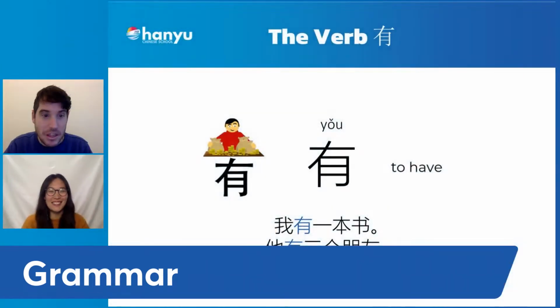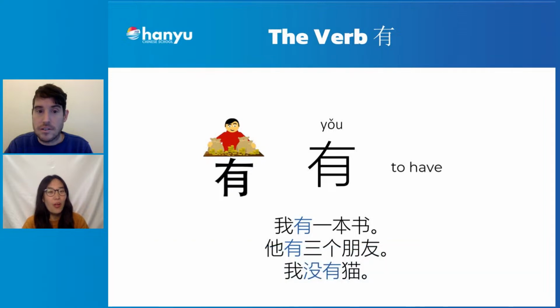Good. So let's start with today's lesson. We will learn first about this verb, 有. What does it mean, 有, and how do we use it, Melanie? 有, we use it as a verb, means to have. So for example, 我有一本书.